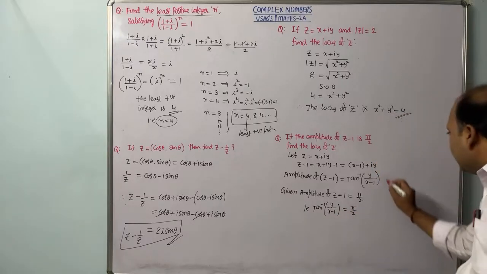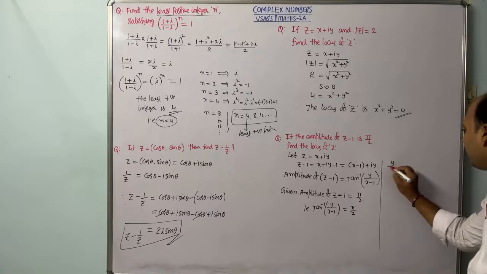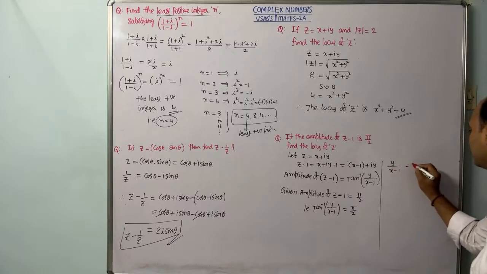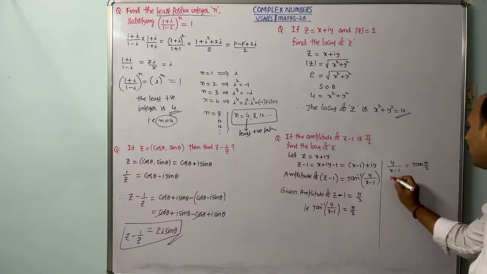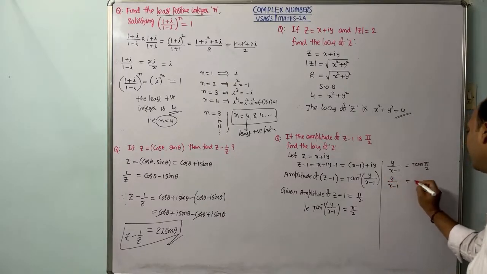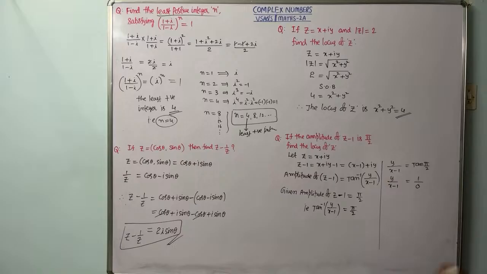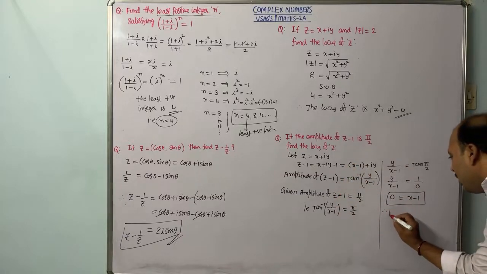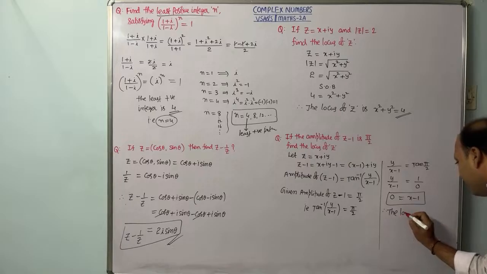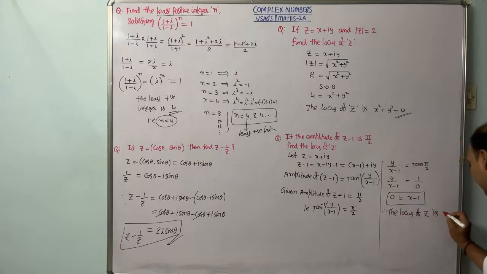So pi by 2 bring this side. So y by (x minus 1) is equal to tan pi by 2. Tan pi by 2 means infinity only, no? So y by (x minus 1) equal to infinity means anything by 0. Cross multiplying, 0 is equal to x minus 1. So x minus 1 equal to 0 is the locus of z. Therefore, the locus of z is x minus 1 equal to 0.